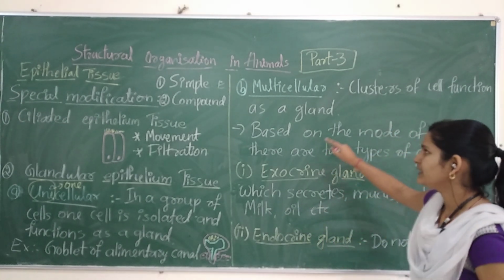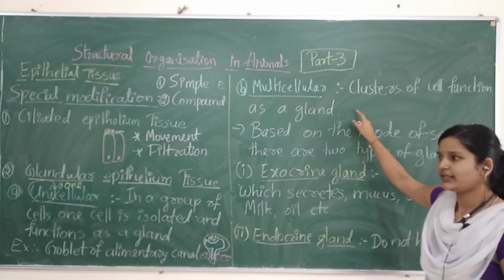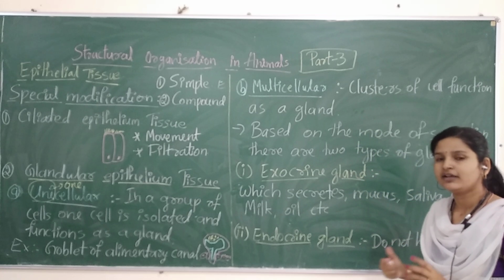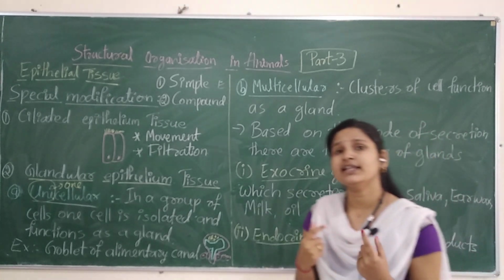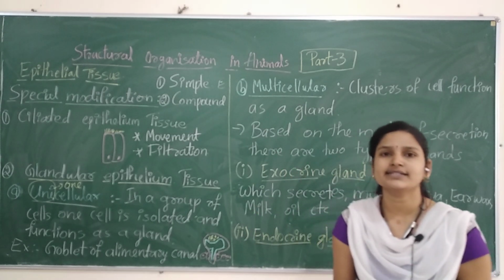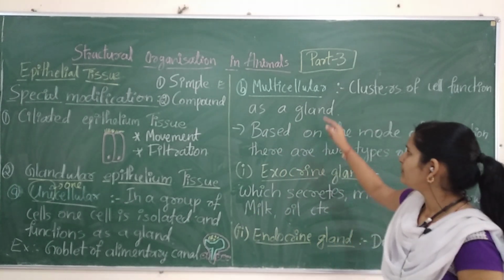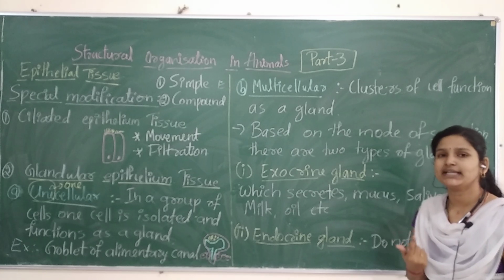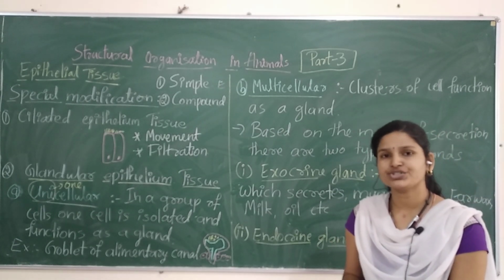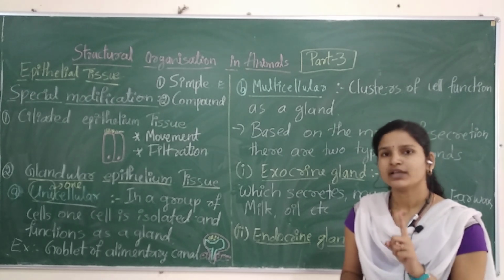But in case of multicellular, this is also a type of glandular epithelium. In multicellular, the cells which are present in the epithelial tissue all together are acting as a gland. Multi means many. Many cells are involved and all together are functioning as one particular gland.